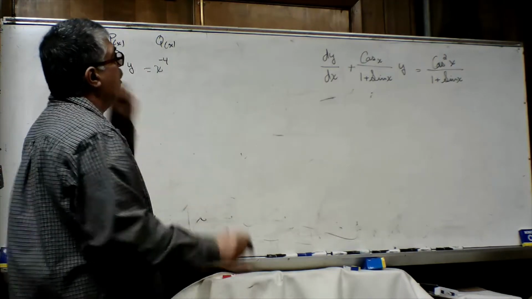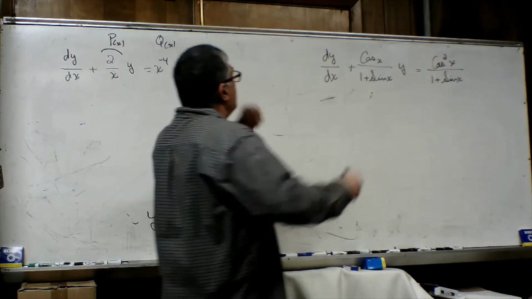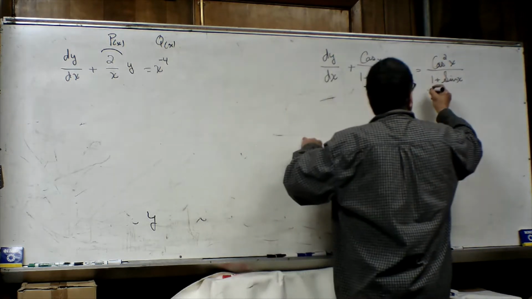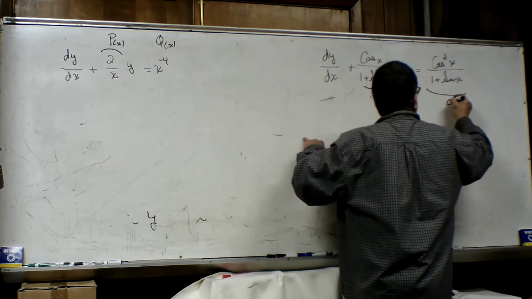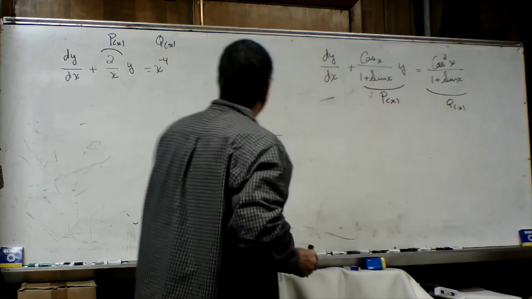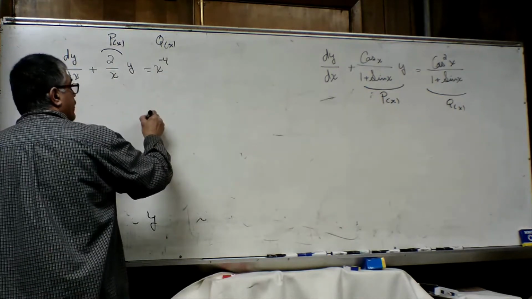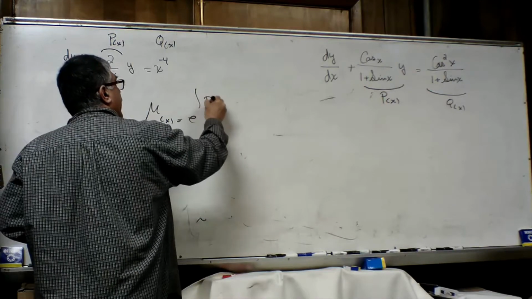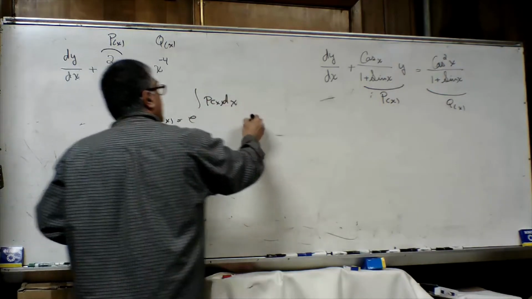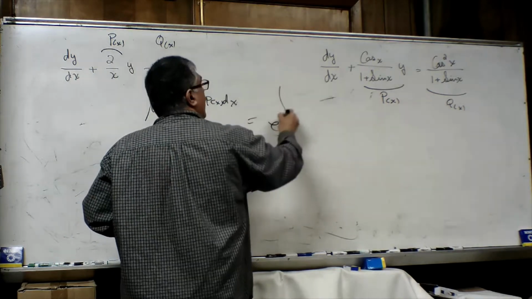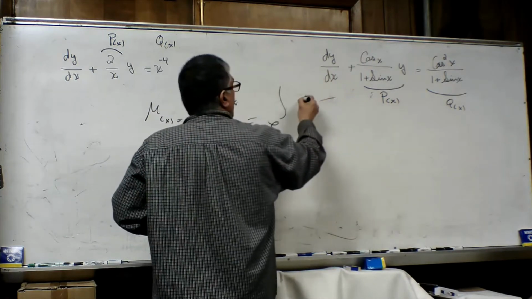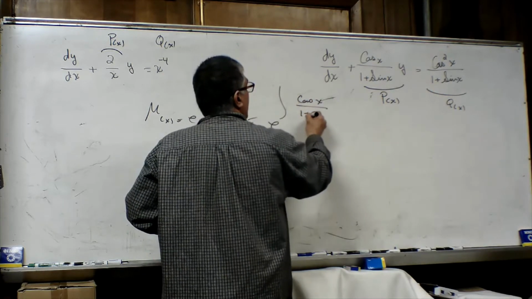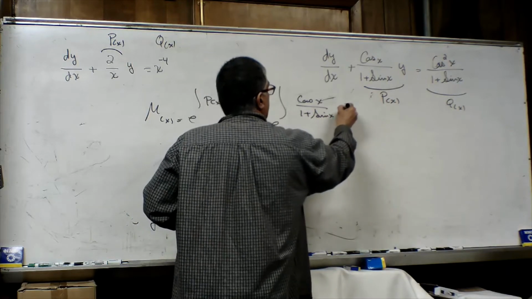So in this equation now, this is our p(x) and this is our q(x). So our integrating factor mu(x) is equal to e to the power integral of p(x) dx, which is equal to e to the power integral of cosine of x over 1 plus sine x dx.